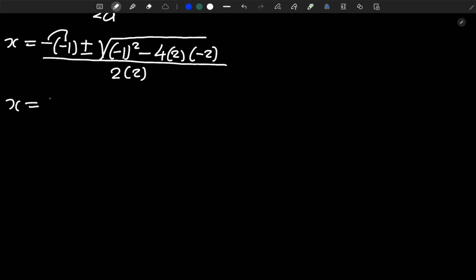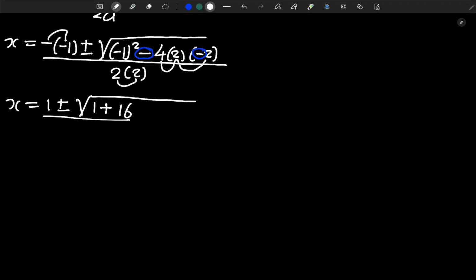So negative times negative is positive 1. Then here negative 1 squared is just 1. Now at this point we can see that there is a negative here and another negative, so we are going to have a plus. Then 4 times 2 is 8. 8 times 2, that is 16, over 2 times 2 will give us a 4.